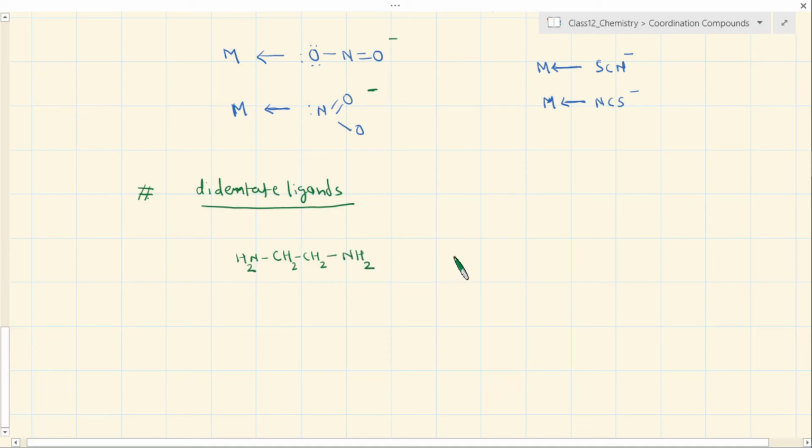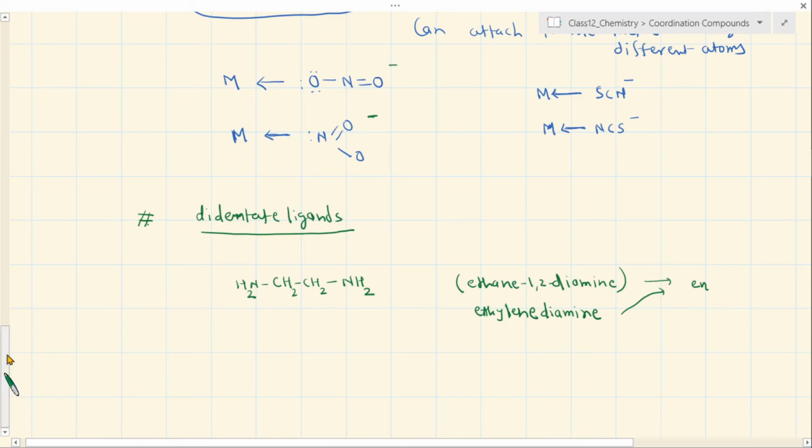This molecule, as per IUPAC nomenclature, is ethane-1,2-diamine, or ethylene diamine, which is the common name. It is generally abbreviated as en, small e, small n.